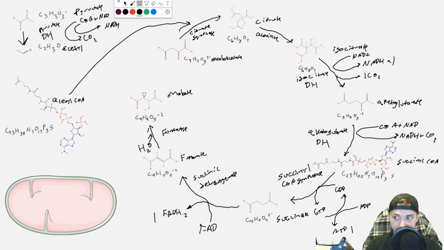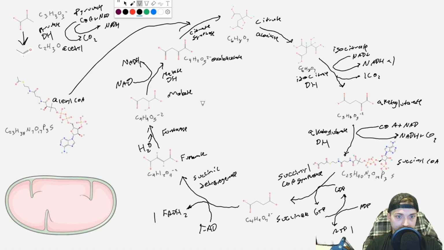Now, from malate, we are going to react with an enzyme called malate dehydrogenase. And then an NAD is going to get reduced into an NADH. All right, so remember, this goes around twice.